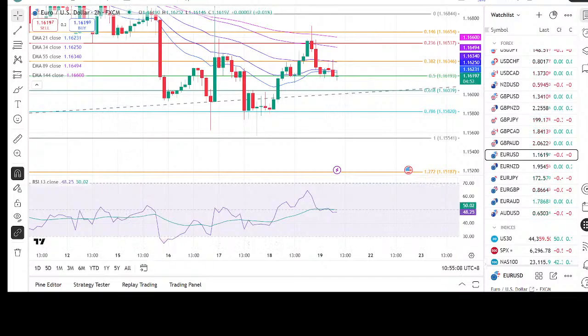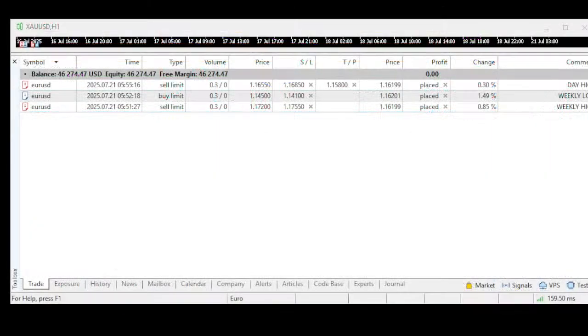Okay, then the TP is 1.1580. So this is the day order. So the same thing, we are looking for a day buy at 1.1510.